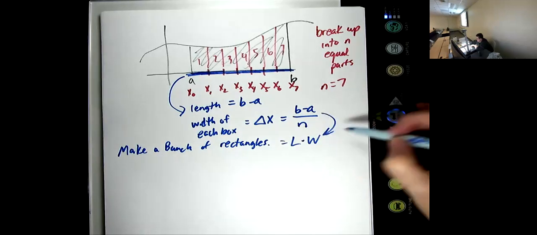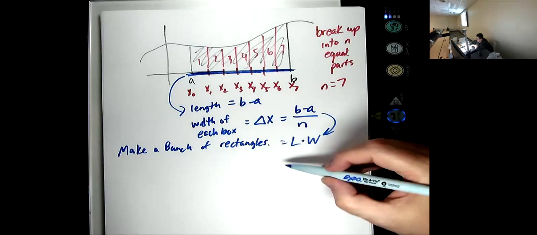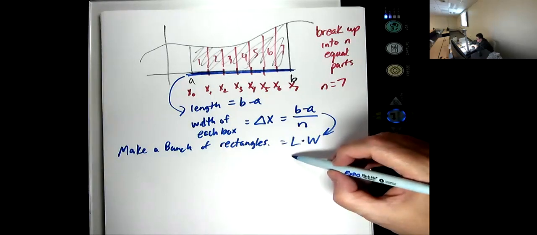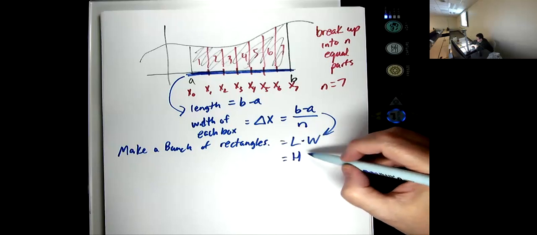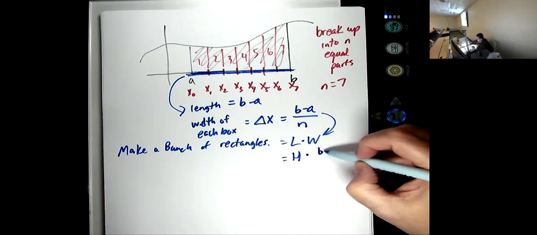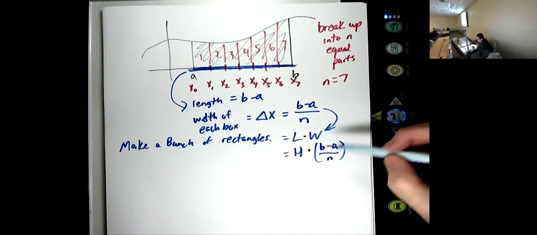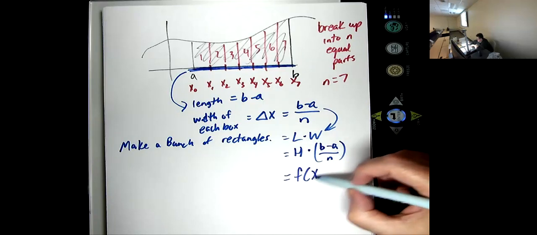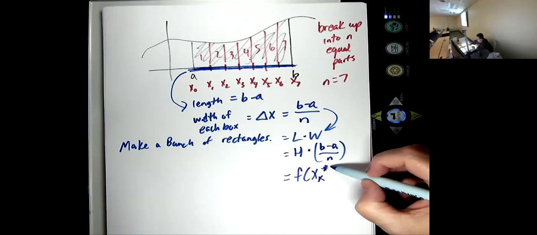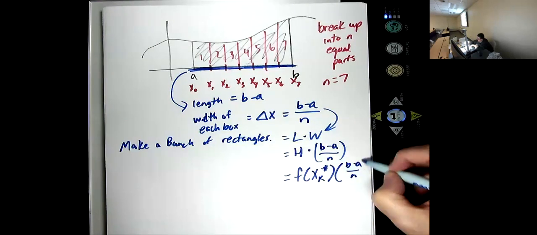Width is delta X. The length is going to be the height. So what's the height? It's f of x, I'm going to say xk star, times b minus a over n.